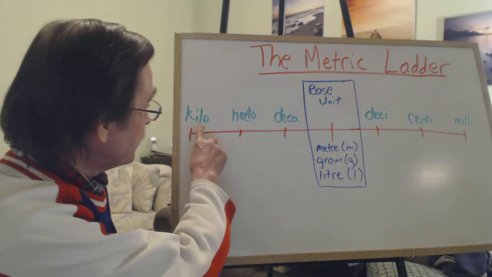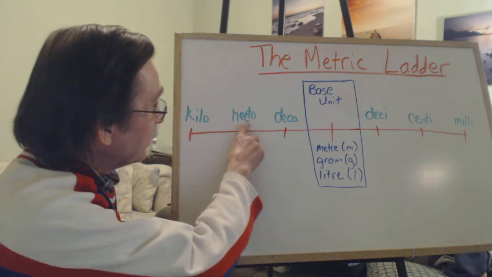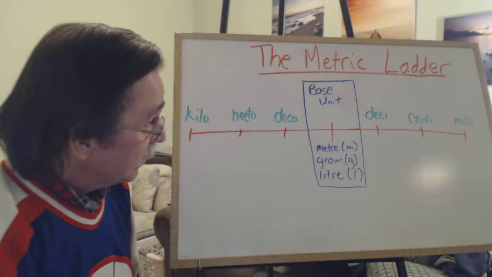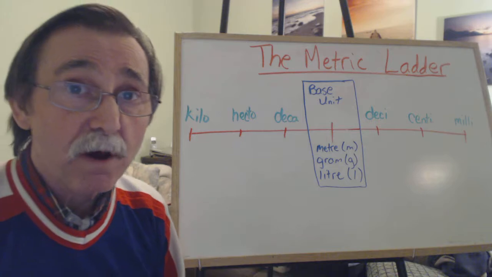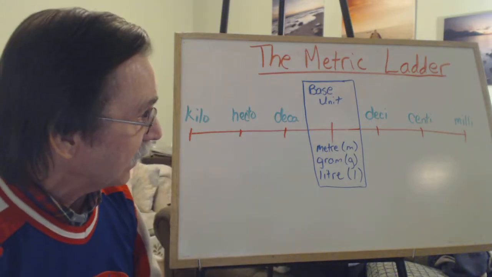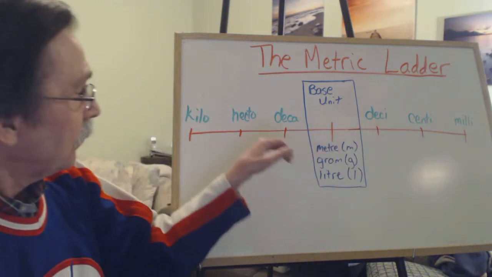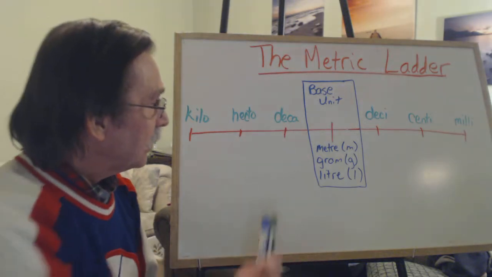So we see all these different prefixes like kilo, hecto, deca, centi, milli. Now there's some prefixes there that are way more popular than others, and I know that that's a fact. Like, when do we ever use deci? Well, rarely. When do we ever use hecto? Not very often.